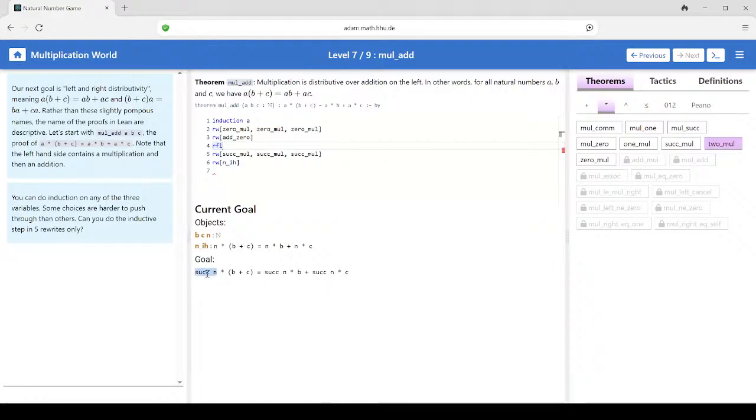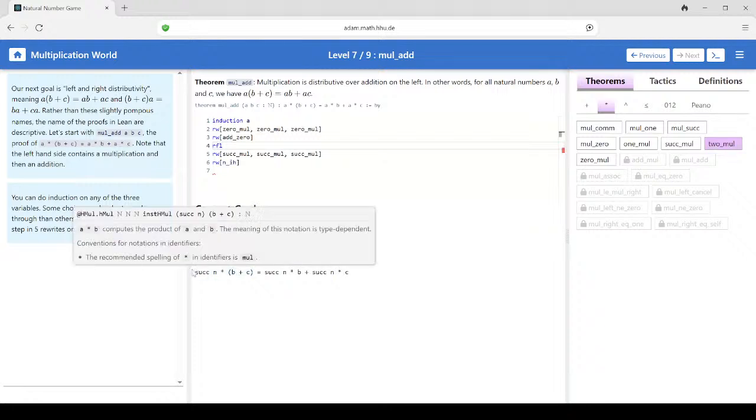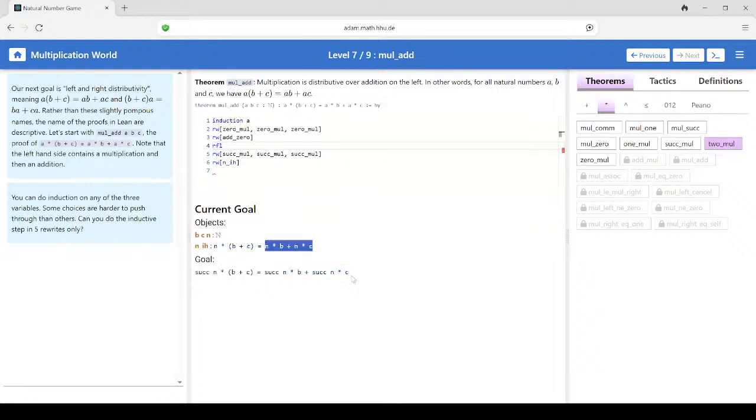Right, we wanted to get rid of the successor of n so that we could turn this side into this, and this side into this, and then we could use this to turn this side into this, and then they would be equal. But getting rid of the successor was more difficult than I thought.